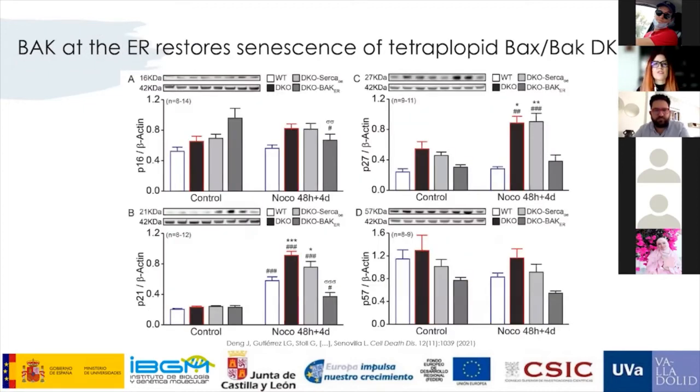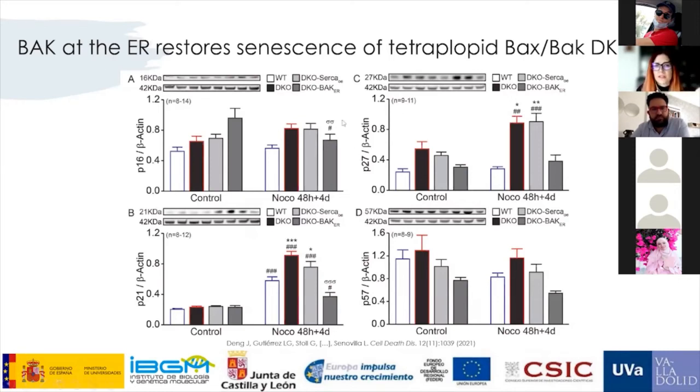And what about senescence? So we repeat the same experiment for senescence, but this time using wild type, DKO, DKO with overexpression of SERCA, and DKO with BAK at the ER.